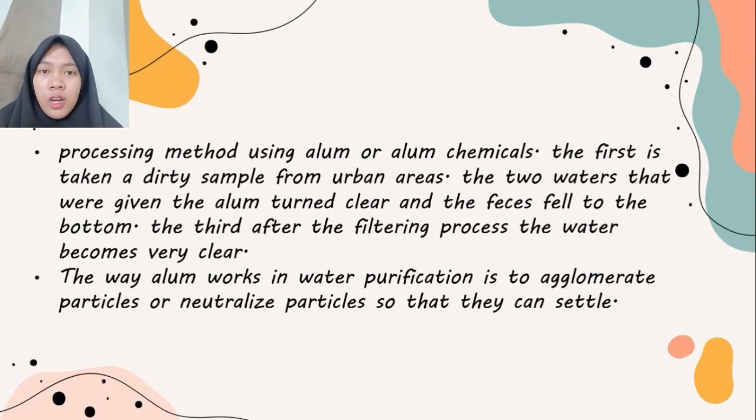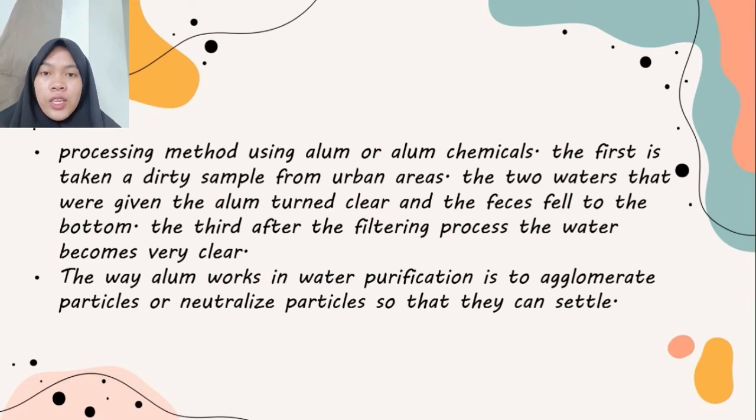The processing method uses alum. The first is taking a dirty sample from urban areas. Second, the water that was given the alum turned cloudy and the flocs fell to the bottom. Third, after the filtering process, the water becomes very clear.